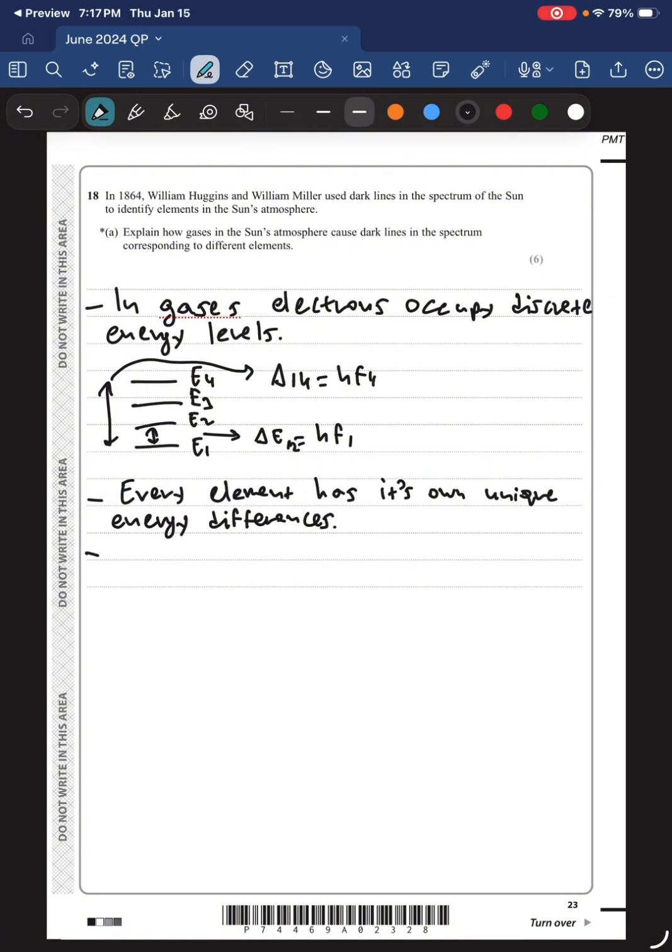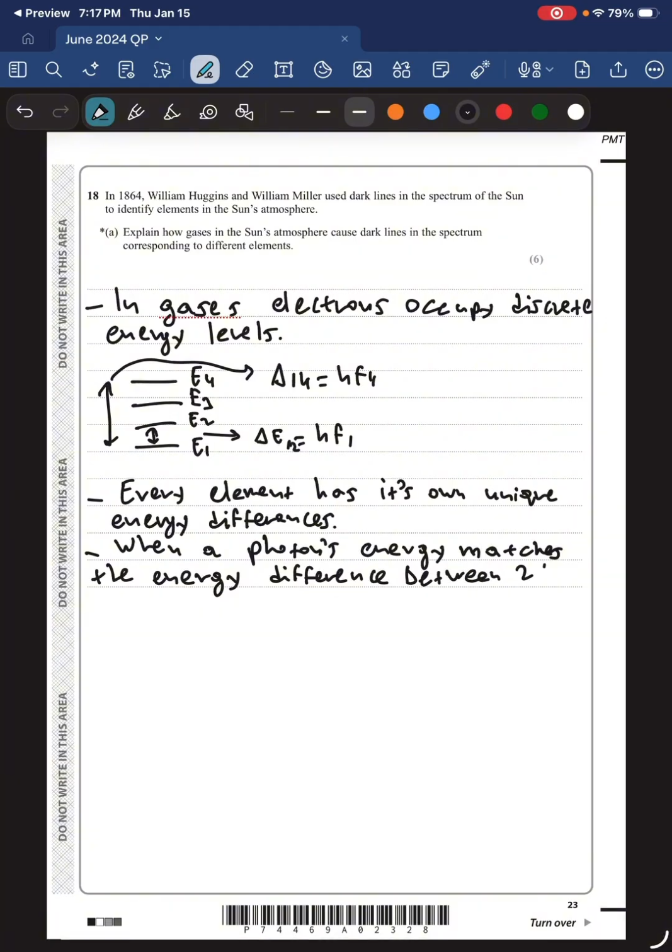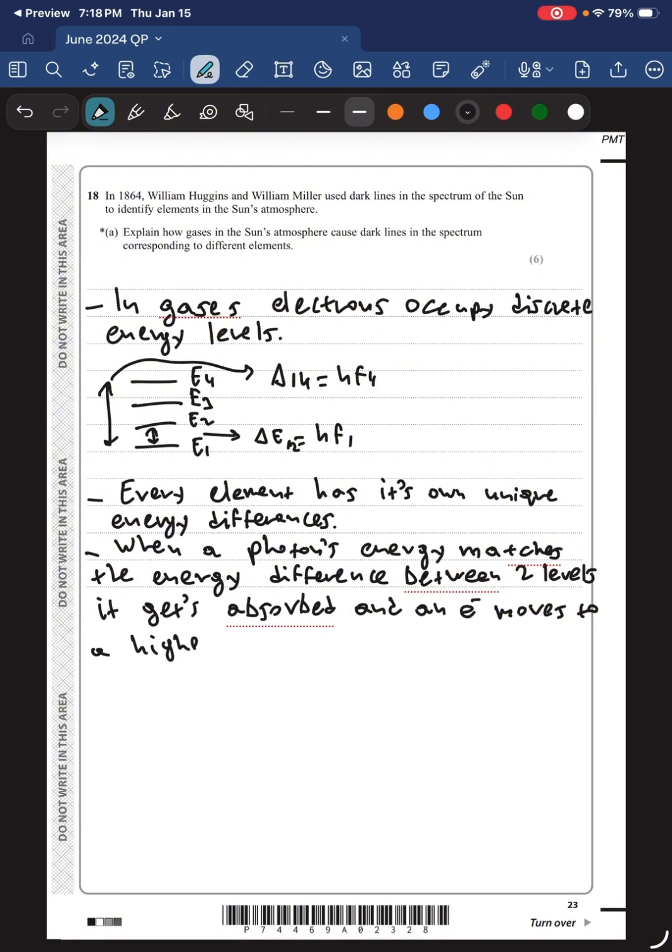So this is what I'm going to write now. So when a photon's energy matches the energy difference between two levels, it gets absorbed, and an electron moves to a higher energy level.